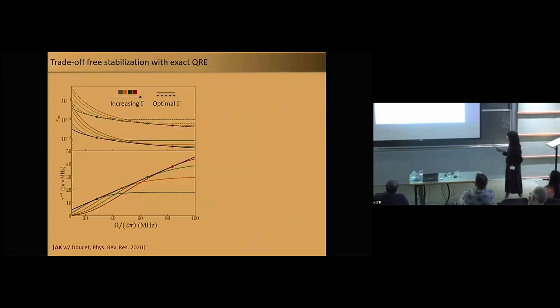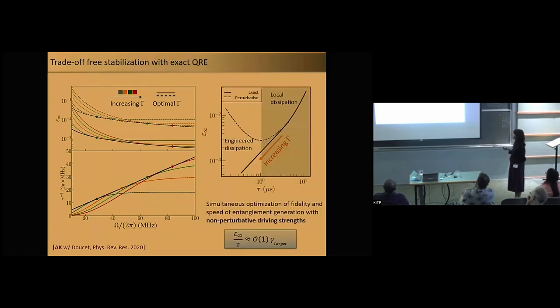And the interesting thing, just to confirm that it takes away this problem of trade-off, is that as we increase the dissipation, both the error goes down and the rate increases, which is what you want. To show it more clearly, if I plot the steady state error and the time it takes to achieve that as a function of dissipation, as a parametric plot, as I increase my engineered dissipation, they both decrease.